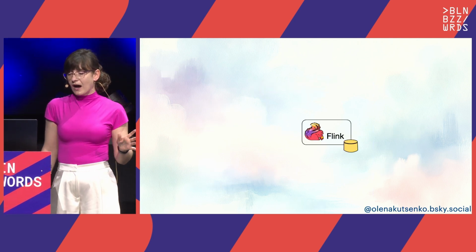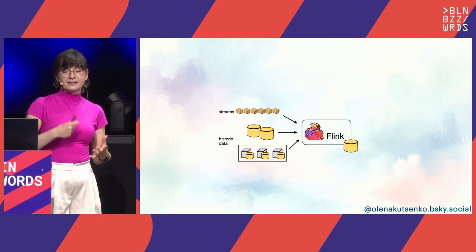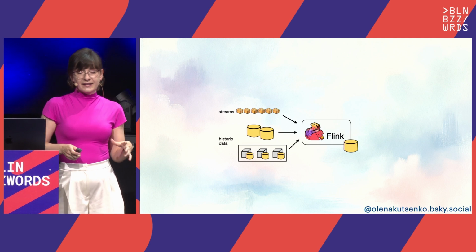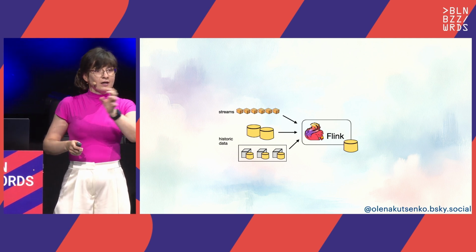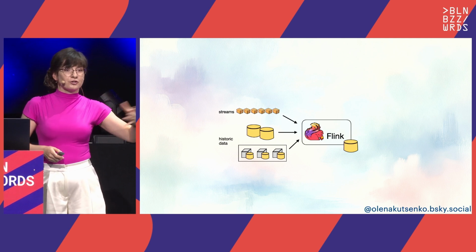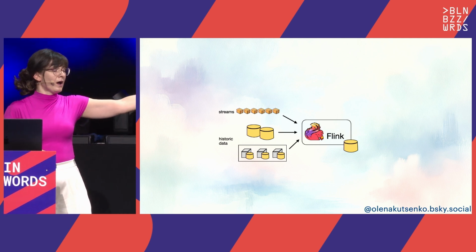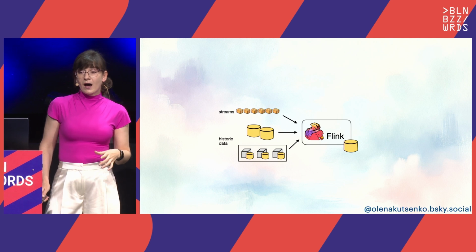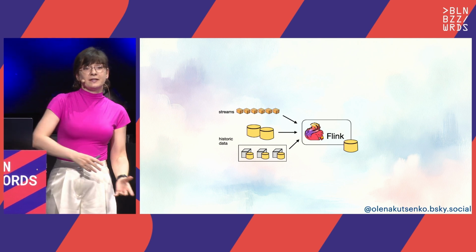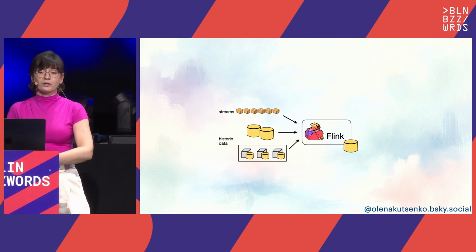Then Flink. Flink sits at the heart of a real-time data platform, and it can work with unbounded streams, such as, for example, data which comes from transactions or stock markets or IoT devices, but also it can work with historical values, such as databases or models or whatever you have.